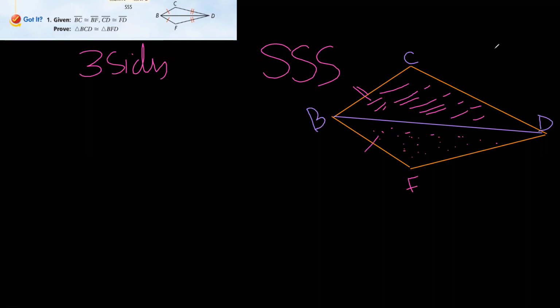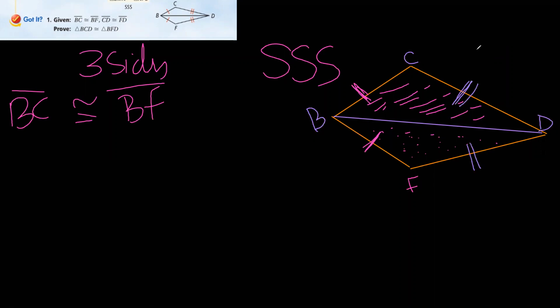He told me that the line segment BC is congruent to BF. This one and this one. And also, he told me that CD is congruent to FD. This one and this one.